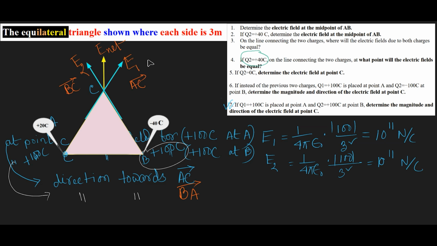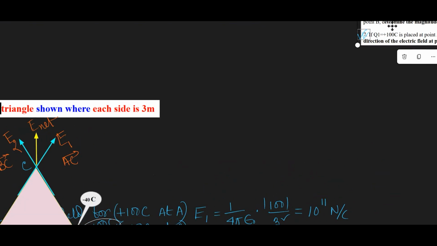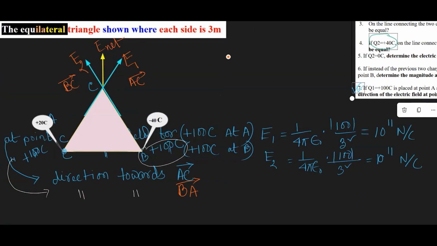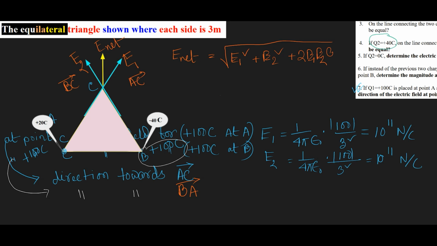So what is E net? E net is the square root of E1 squared plus E2 squared plus 2 E1 E2 cos alpha.